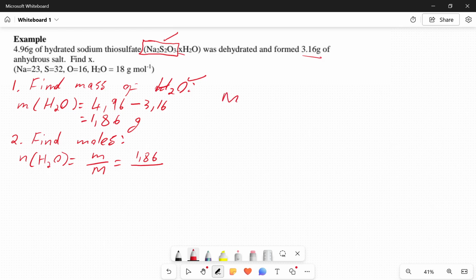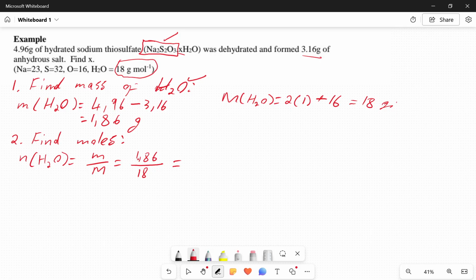The molar mass of water is going to be the number of hydrogen atoms, which is 2, multiplied by the molar mass of hydrogen, which is 1, plus, in this case, I have how many oxygen atoms? 1. So it's plus the molar mass of oxygen, and this will give me 18 grams per mole. The answer is already given here. So the molar mass of water is going to be 18 grams.